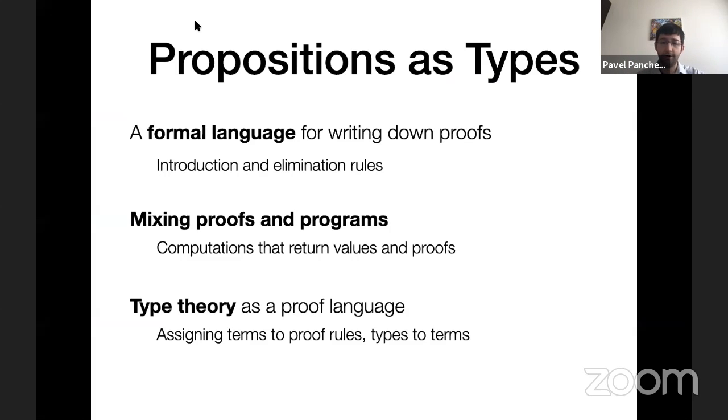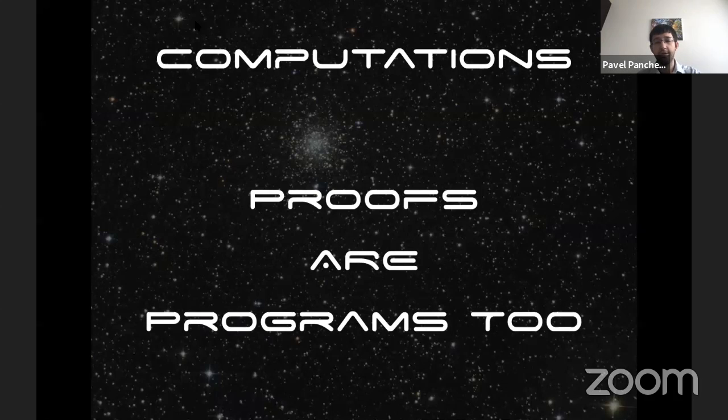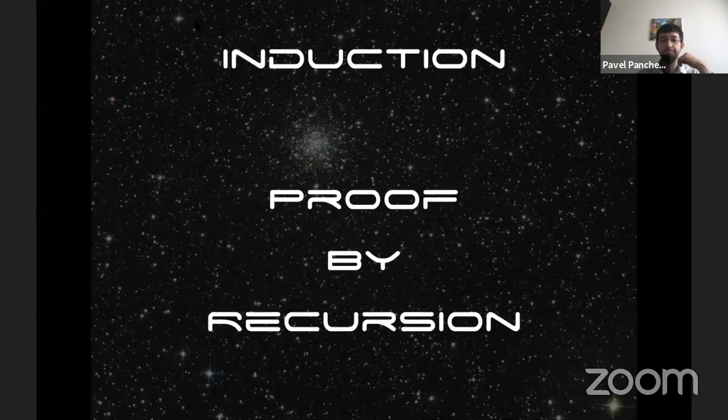Next, we want to deepen this idea: is there any value in looking at proofs as programs? Turns out there is. First, we're going to look at computation: programs you can apply to values and they compute to things. Does the same idea apply to proofs? What happens if you mix programs with proofs and do computation? Specifically, we're going to look at recursion, because proving things via recursion, which we call induction, is a very common, very important method of proof.